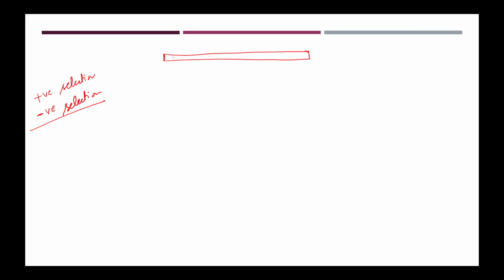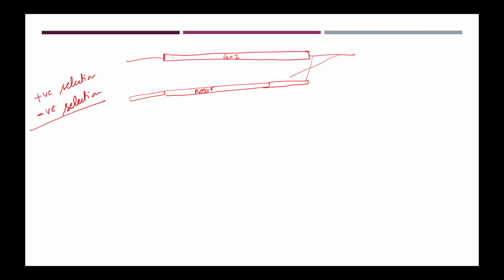So positive selection means presence of any particular gene helps the cells to be sorted from the others. Okay, so suppose this is my gene of interest. This is the neomycin resistance gene.